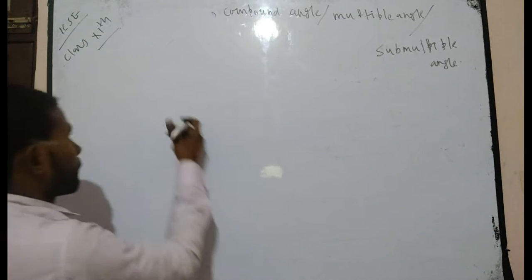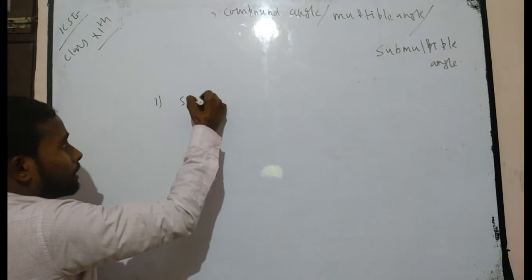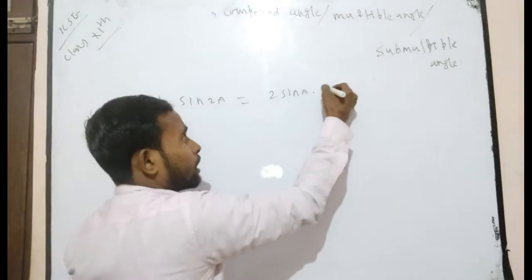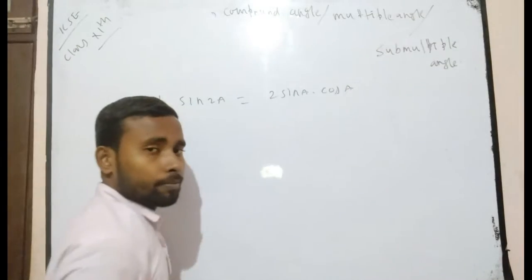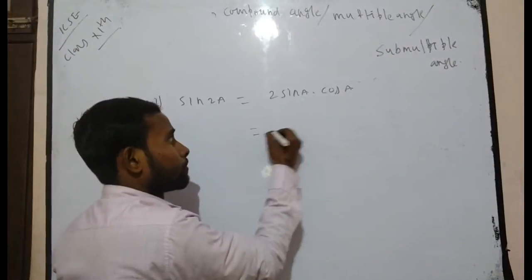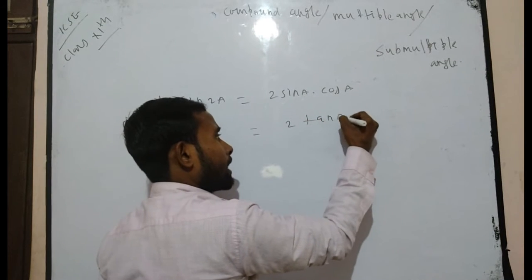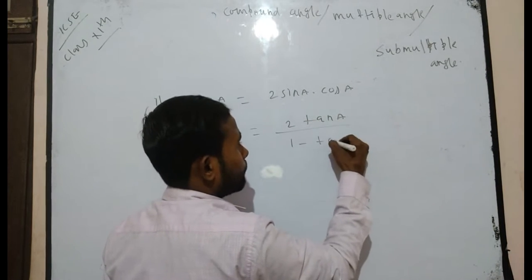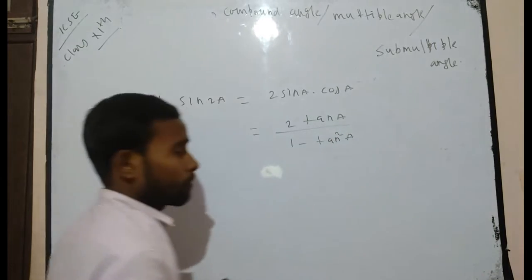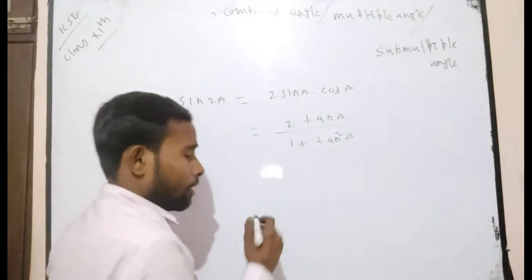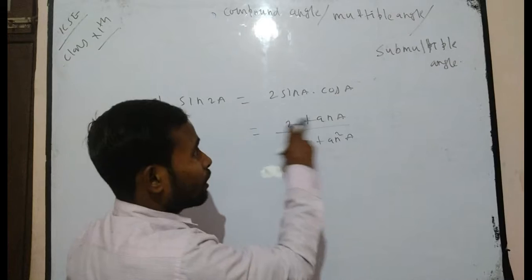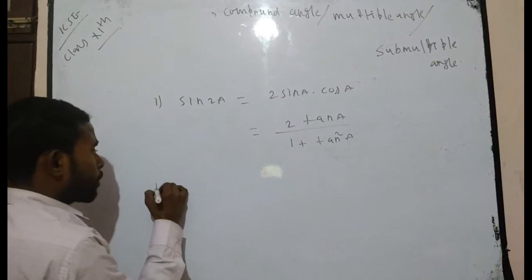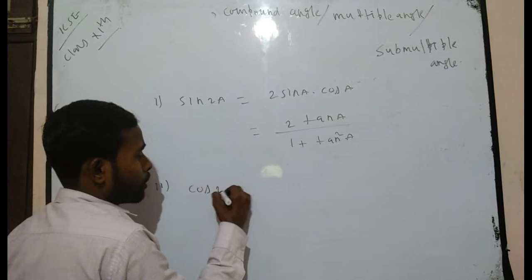First of all, sin 2A is equal to 2 sin A into cos A. It is also equal to 2 tan A divided by 1 plus tan square A. Next formula will be cos 2A.